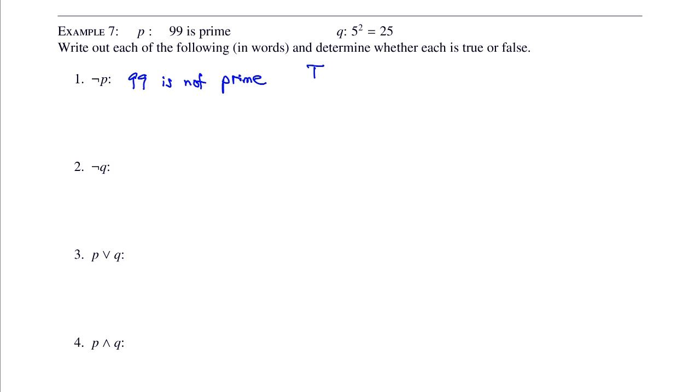There's one more. What is it? P? It's P then Q. What we got? 25.